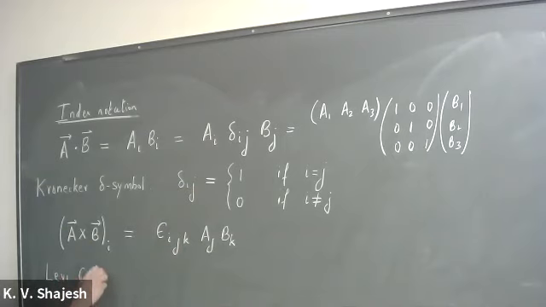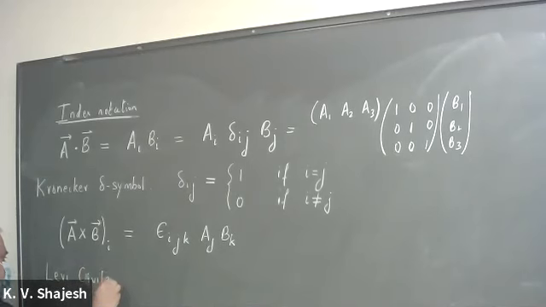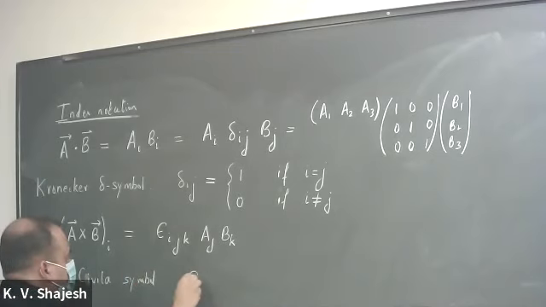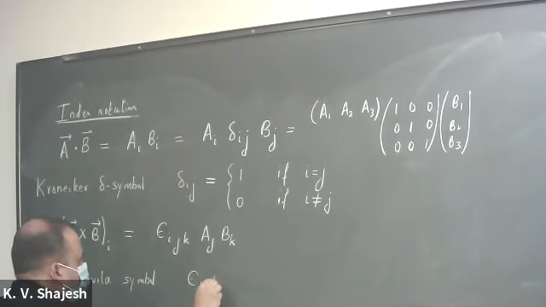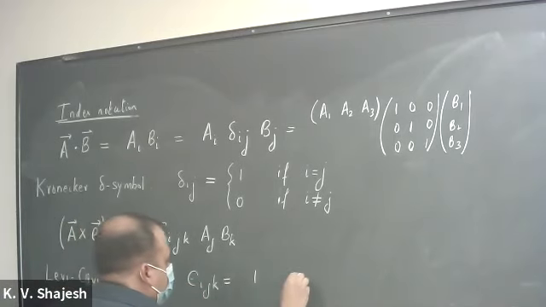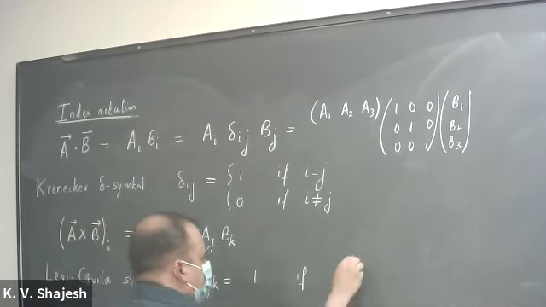And this we call the Levi-Civita symbol, epsilon_ijk. It is equal to 1 if ijk is cyclic.